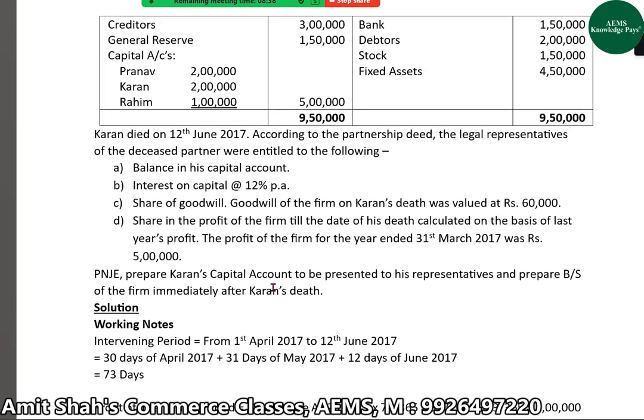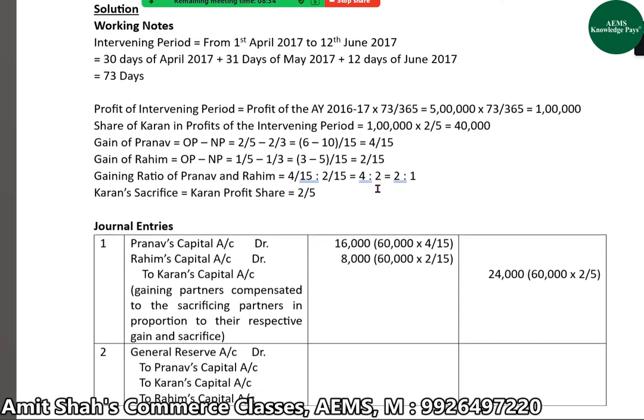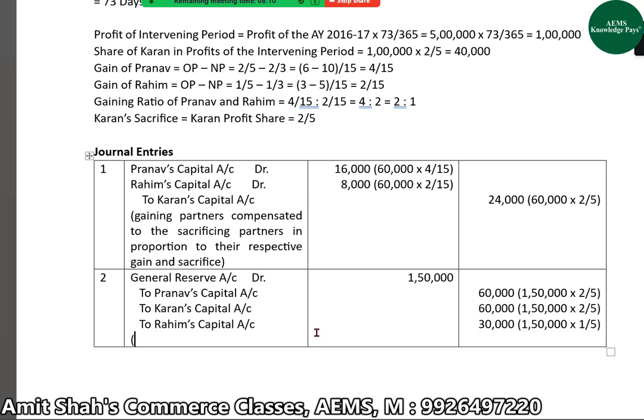The amount of general reserve is 1,50,000. So 1,50,000 will go to the three partners in their old ratio 2:2:1, right? That is 60,000 to Pranav, 60,000 to Karan, and 30,000 to Rahim.